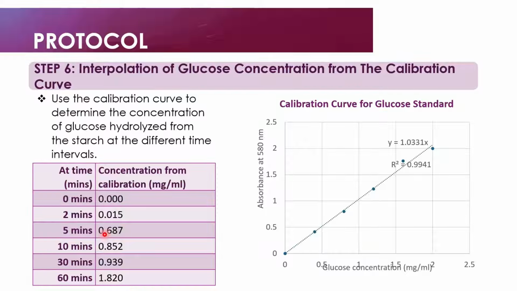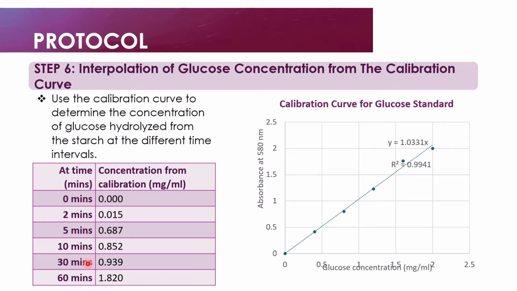At 5 minutes, we had an absorbance value of 0.710, and substituting this into the equation, we get an s value of 0.687. At 10 minutes, we had an absorbance value of 0.880, and we get an s value of 0.852.